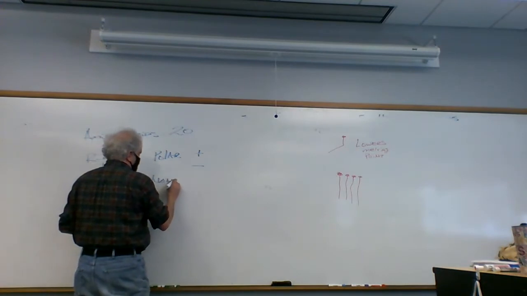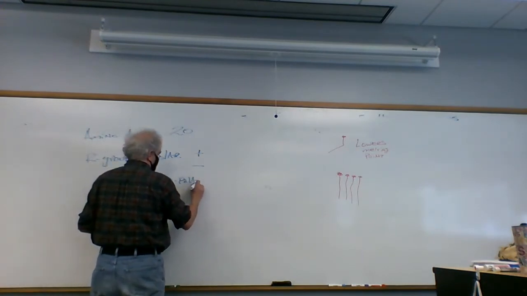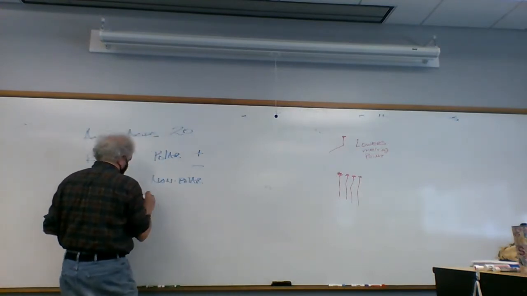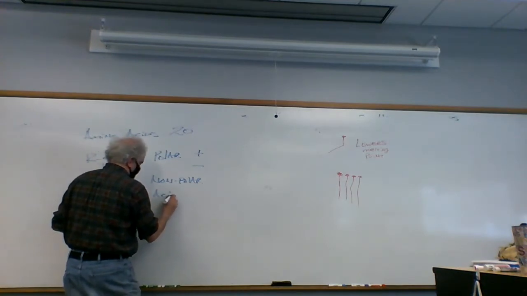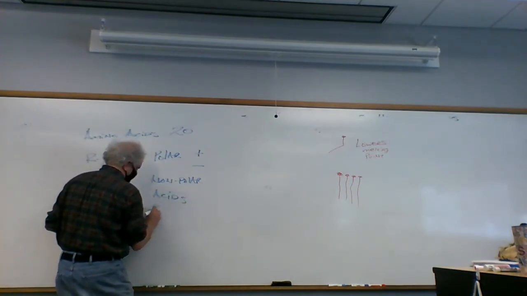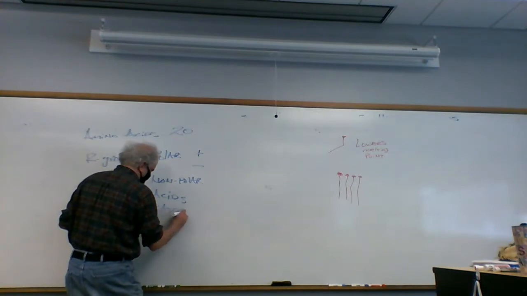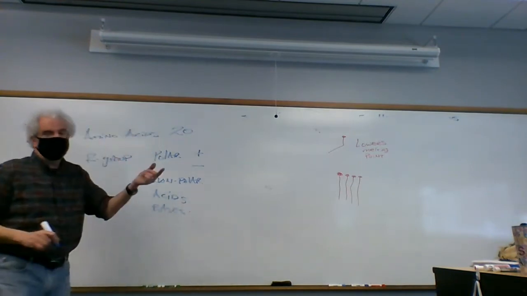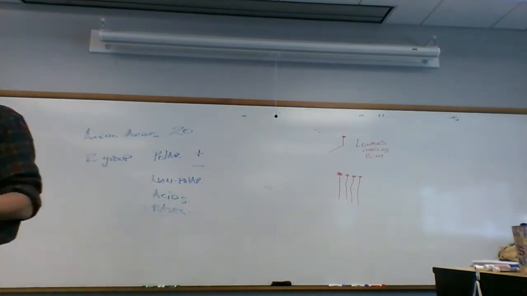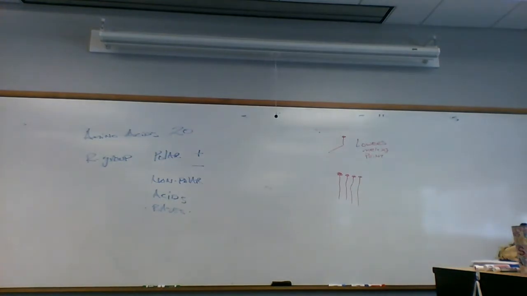We have R groups that are nonpolar. We have some that are acting as acids and some that are acting as bases. So we can talk about acidic amino acids or nonpolar amino acids. And what this means is there's a lot of charge heterogeneity. It ain't all just straight negative charge.